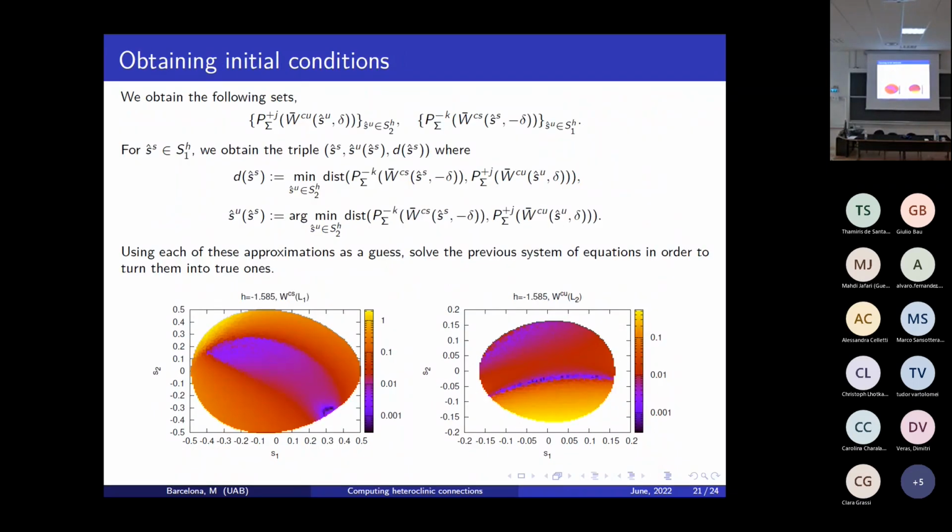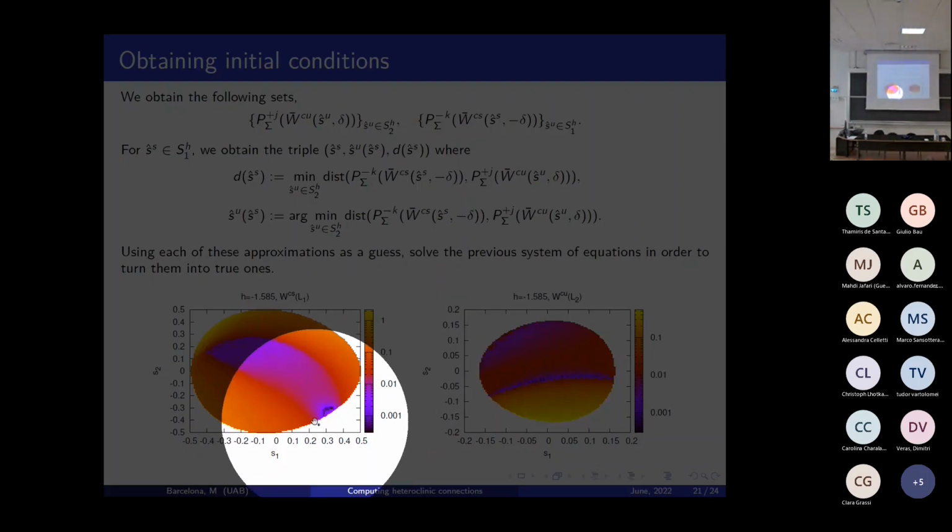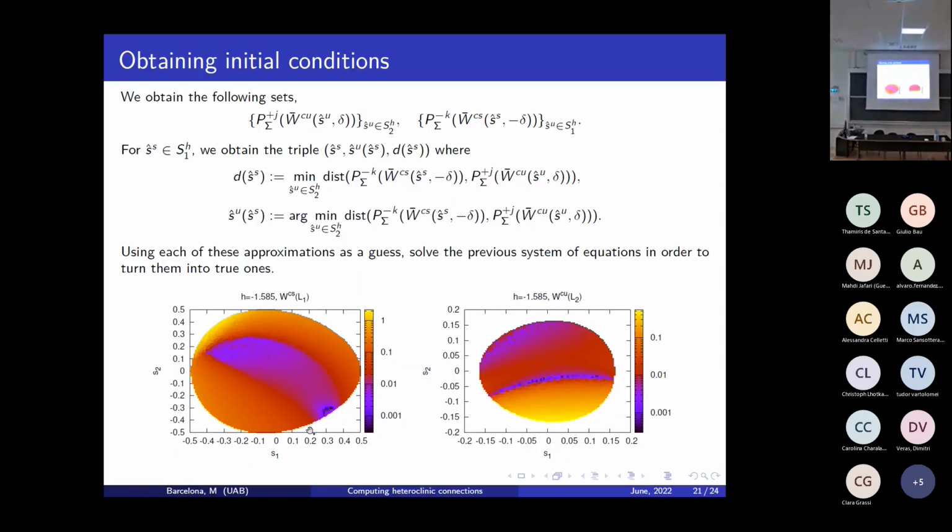And for each point in the isoenergetic slices, what we do is to integrate it again until the Poincare section, and compute its minimum distance at the Poincare section to another corresponding point from the other unstable or stable branch, and make these heat gradient maps in order to identify which regions over the Poincare section s4 equal to 0 are more suitable to have heteroclinic connections, and we refine these slices in these regions by, for example, using polynomial interpolation or other techniques in order to obtain better initial conditions to solve our system of equations.